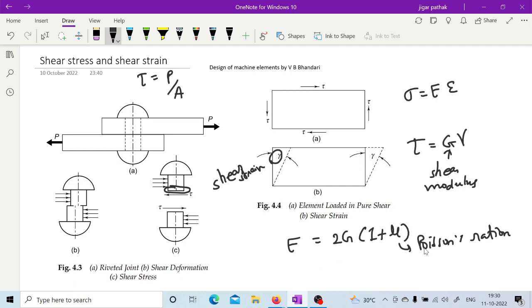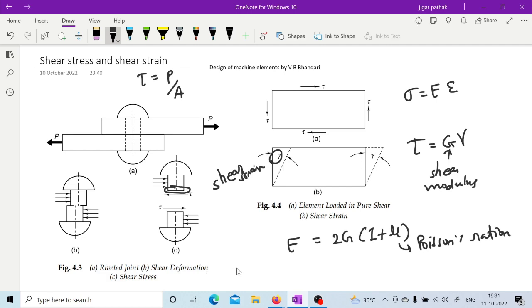For some materials the value of mu is known: carbon steel is 0.29, grey cast iron is 0.21. Generally it lies between 1/4 and 3/4.